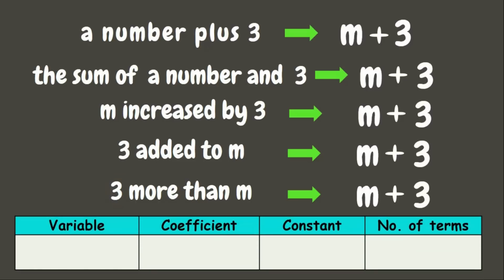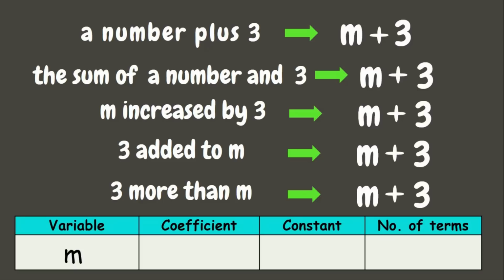Now let us identify which are the variable, coefficient, constant, and the number of terms here in our given algebraic expression. The variable here is the letter, which is M. Very good. Next one, let us take a look for the coefficient. Again, the coefficient is the number that we see before the variable.